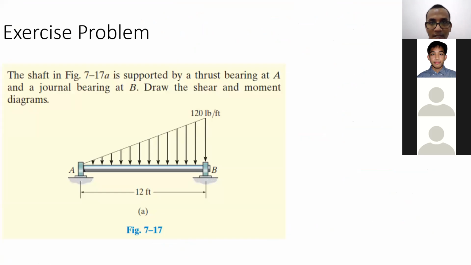I believe in your homework, this one is your homework.